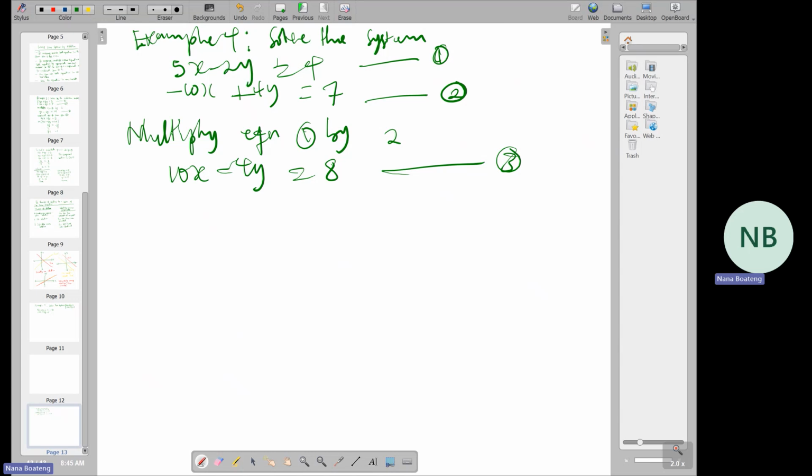Now I'm going to add equation 1 to equation 3. So equation 1 is 5x minus 2y.